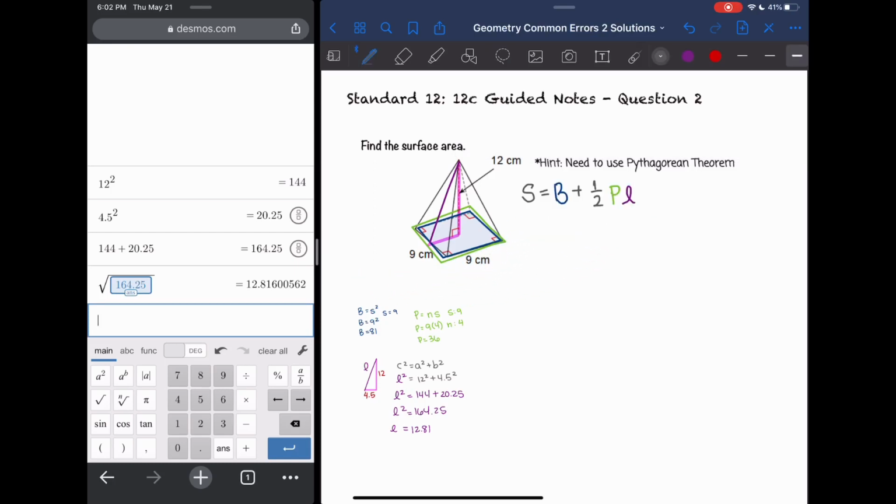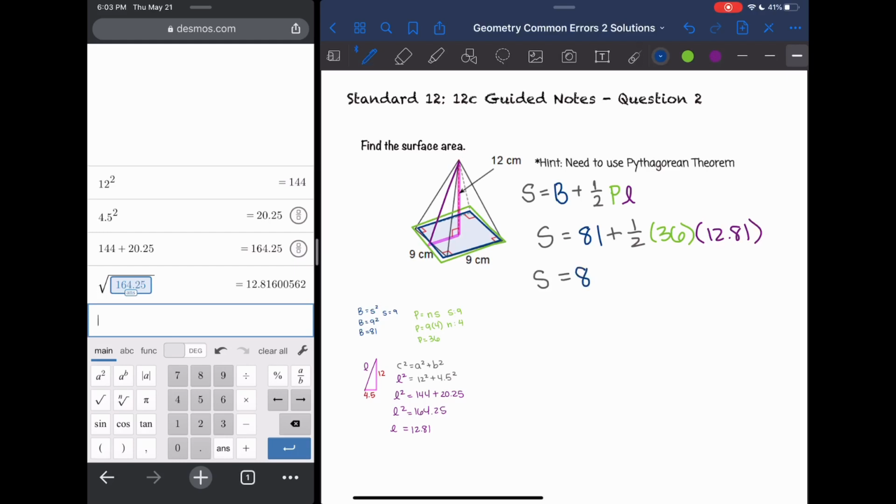So surface area is the area of the base plus 1/2 times the perimeter of the base times the slant leg. The area of the base, as we found earlier, is 81 plus half the perimeter, 36, times the slant length, which we found is 12.81.